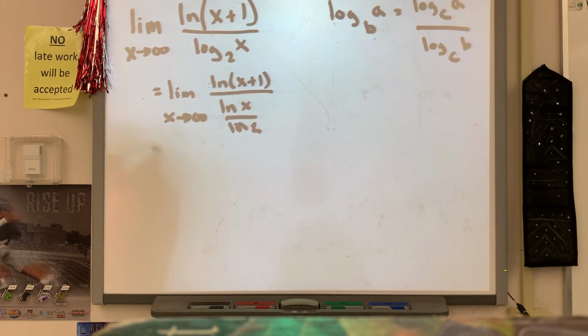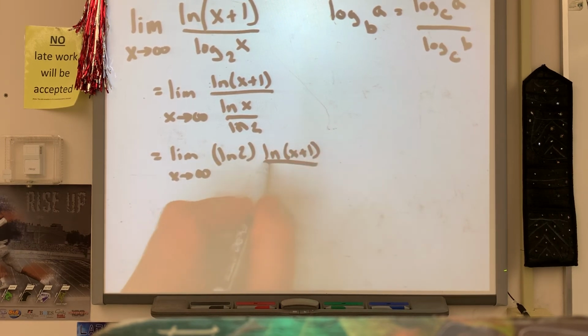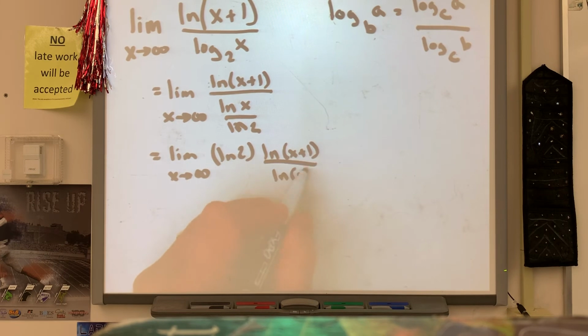When I do that division, I end up getting the limit as x approaches infinity of the natural log of 2 coming out at the front, and then the natural log of x plus 1 all divided by the natural log of x.